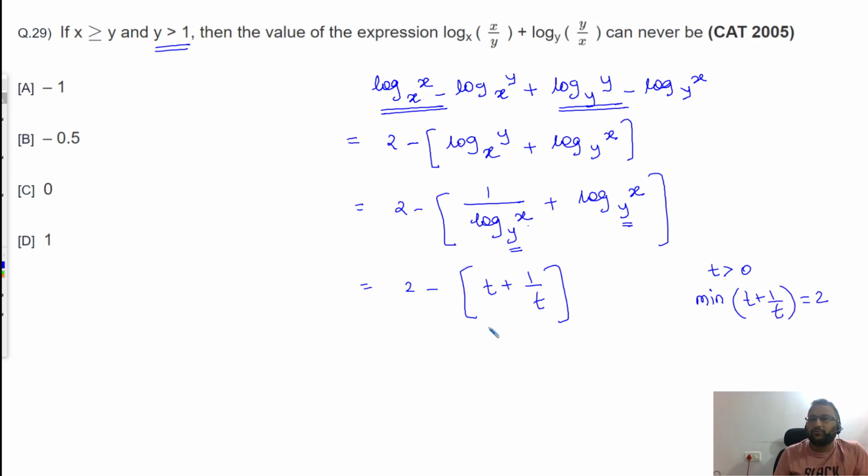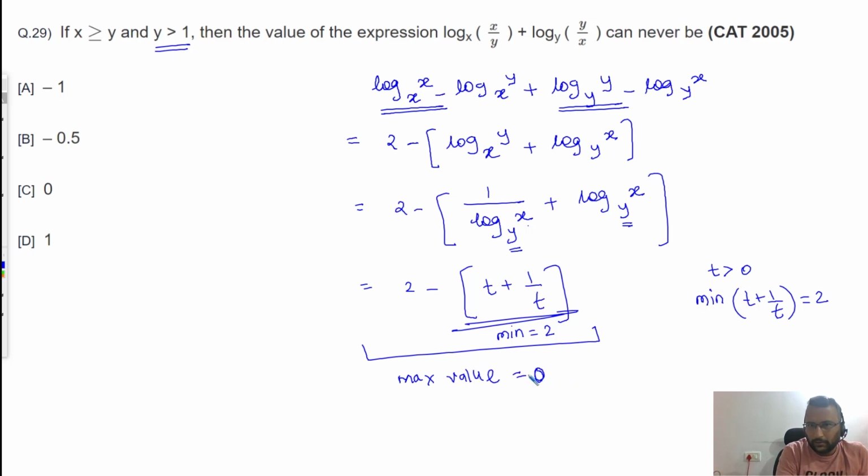So the minimum value of this bracket is 2, and the maximum value of the overall subtraction, 2 minus that bracket, is going to be 0. So the value of this overall subtraction is always going to be 0 or less than 0. It cannot be more than 0.